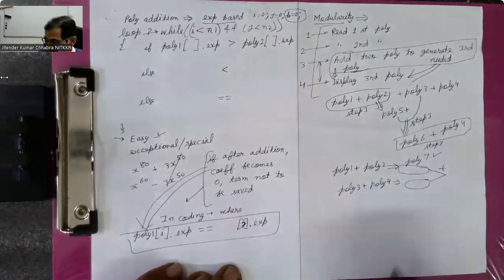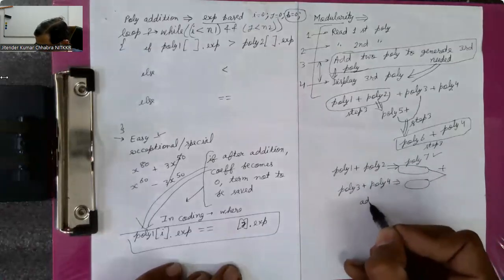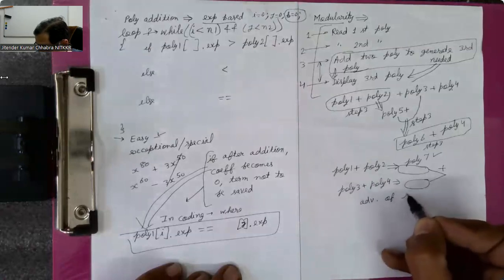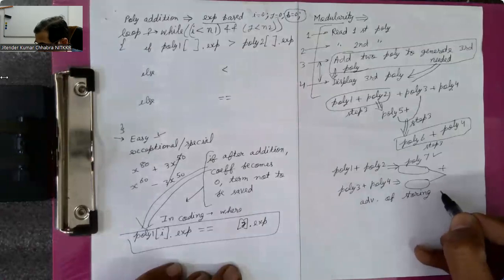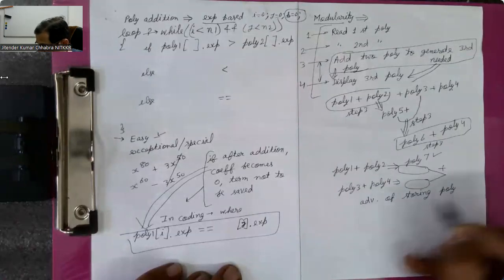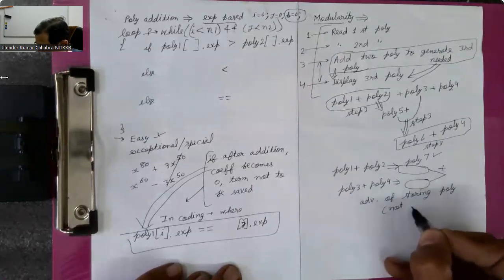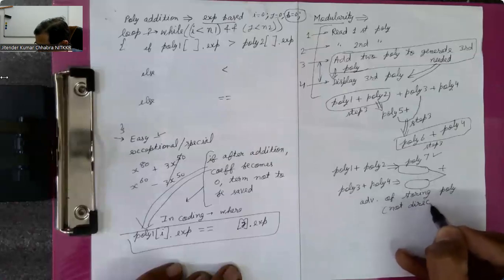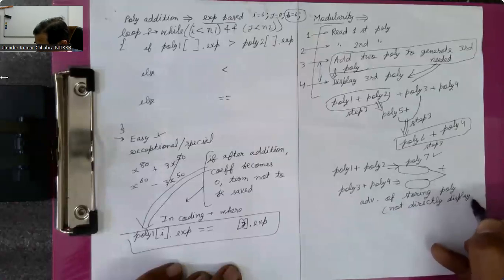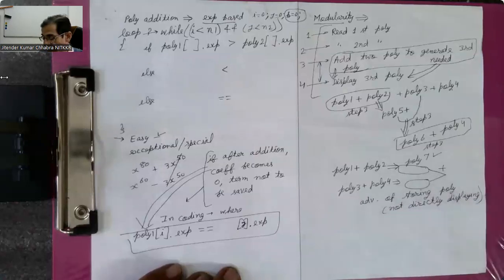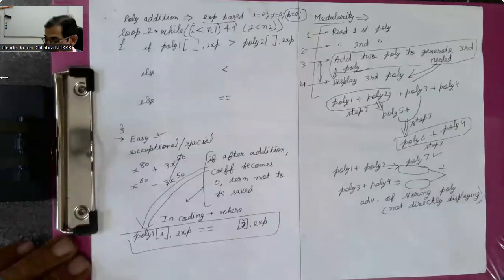So now you can appreciate the advantage of storing the result, not directly displaying. Not directly displaying has been quite advantageous in this particular case, and from a modularity viewpoint also, that is very useful.